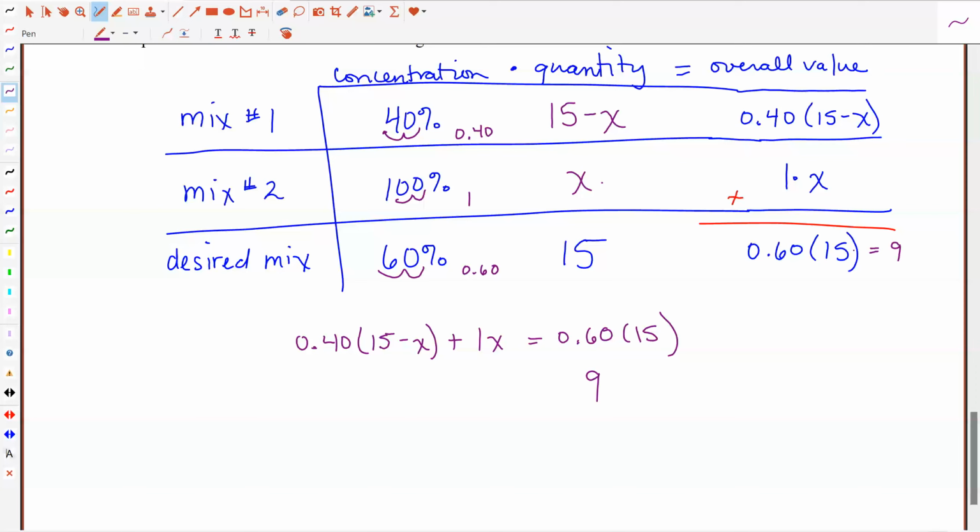So that's why we're tracking how much antifreeze is in each of the different parts, to make sure I have enough antifreeze for my desired mixture.